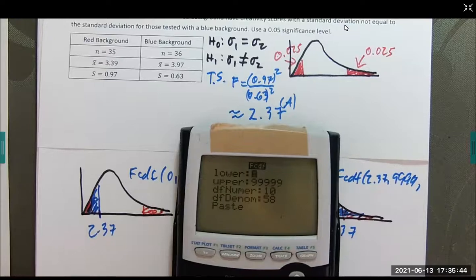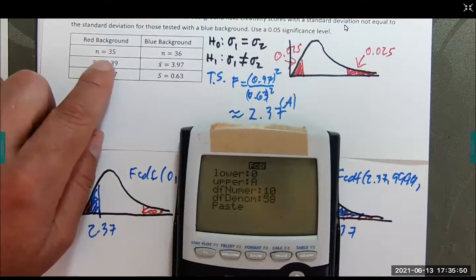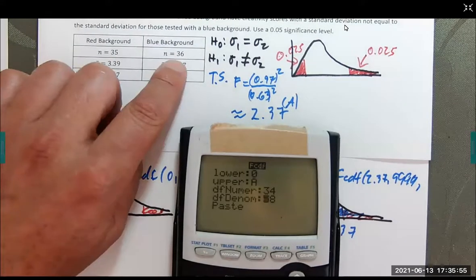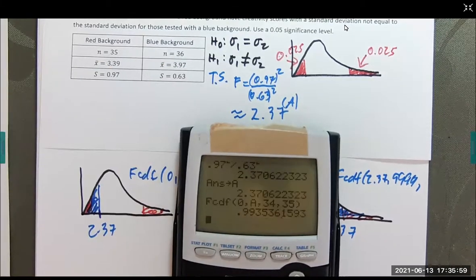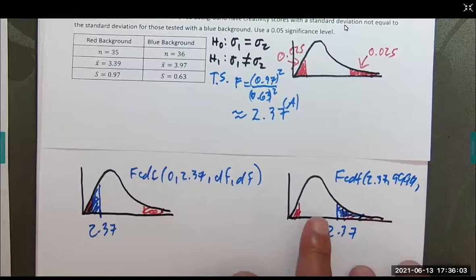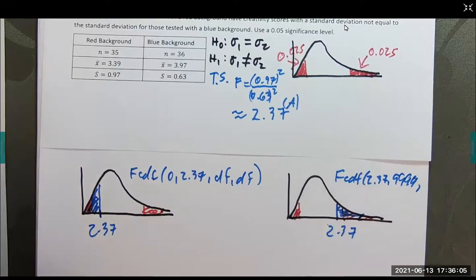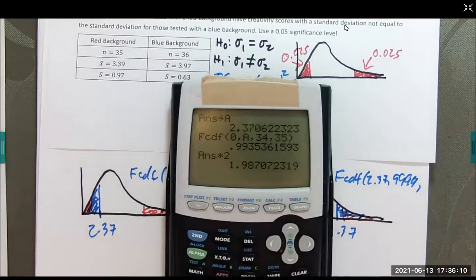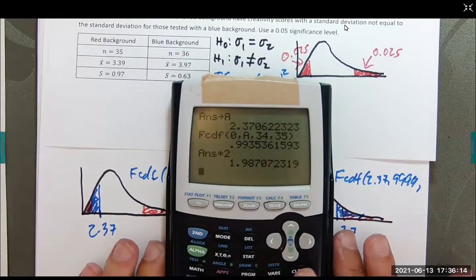We're going to go from 0 to A. Degrees of freedom here is 34. Degrees of freedom here is 35. Paste. Ooh, that is the wrong way. That would be as if I did this and went backwards. Because you can see when I double that times 2, I'm way over 1, and a p-value is never over 1, ever. It has to be between 0 and 1. Which means it's not this one.